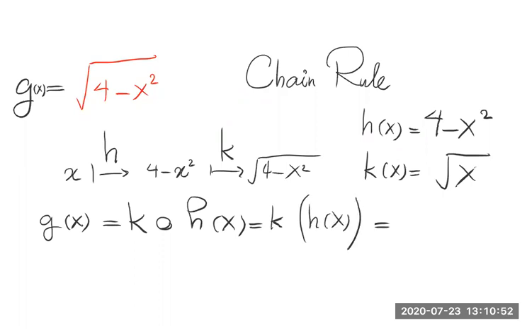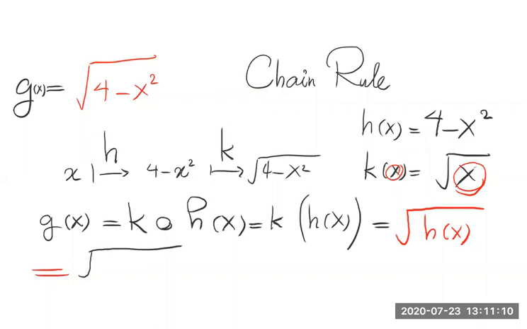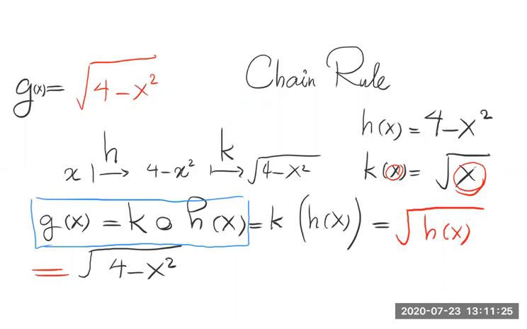Since k of x is the square root of x, k of anything is the square root of that thing. So k of h of x is the square root of h of x, and h of x is 4 minus x squared. So sometimes we can write a function as a composition of two other functions, and g of x can be written as k of h of x.